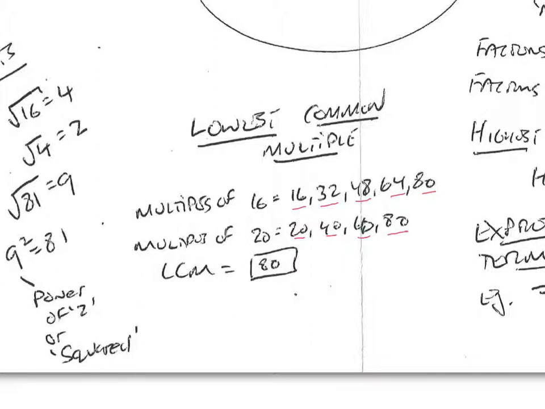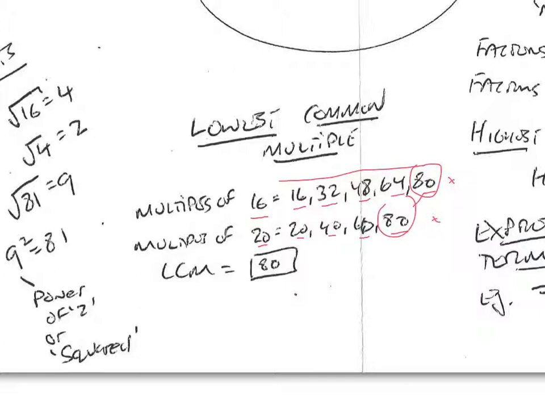And in maths we come across the notion of the lowest common multiple, and basically if we're to look for the lowest common multiple of two numbers, say 16 and 20, we simply list the multiples and we look for that multiple that's common to both lists and is the lowest, and in this list it's 80. So 80 is the lowest common multiple of 16 and 20.